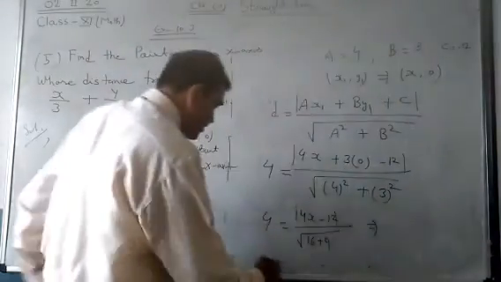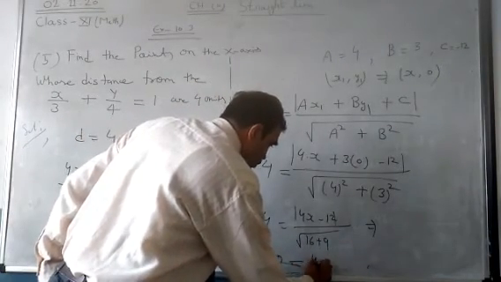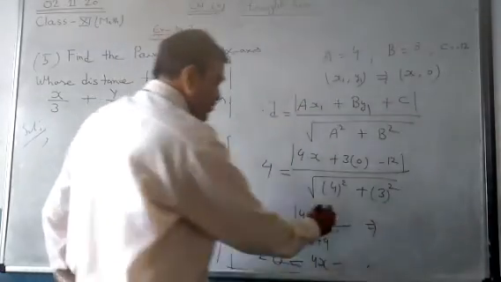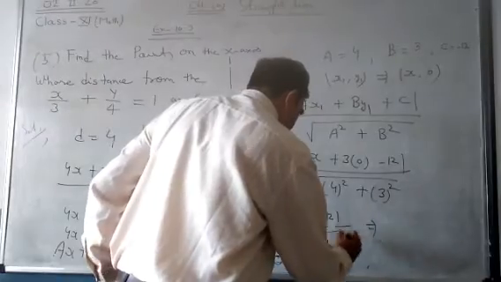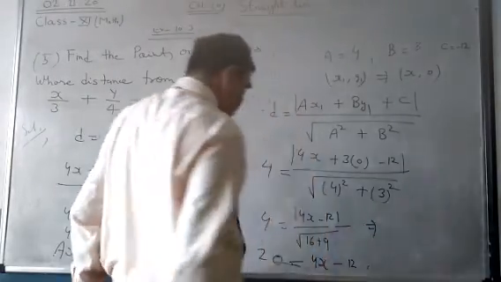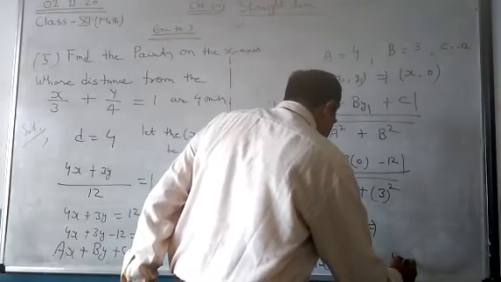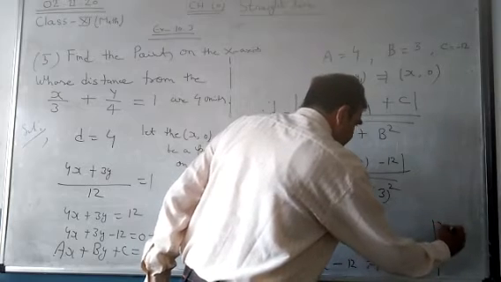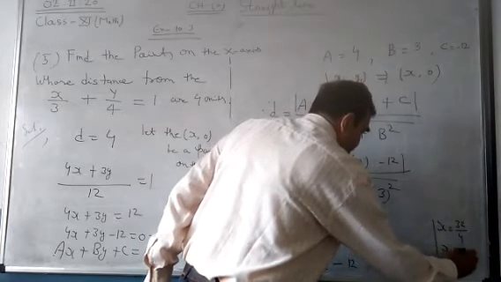So this can be written as 20 equals 4x minus 12. It means 4x equals 32. So x equals 8.